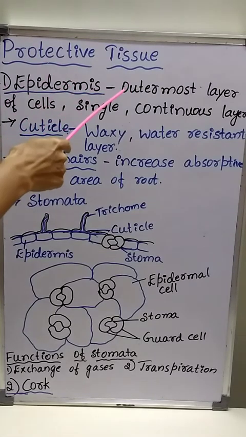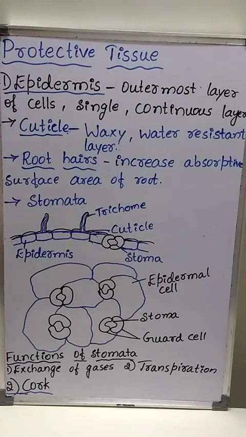Epidermis is the outermost covering of cells, or outermost layer of cells, which covers plant parts such as stem, root, leaves, flowers, fruits, etc. Epidermis is the outermost layer of cells which protects the plant.